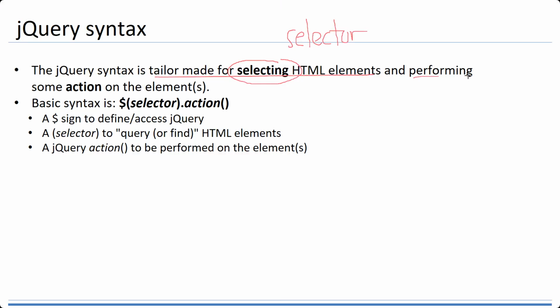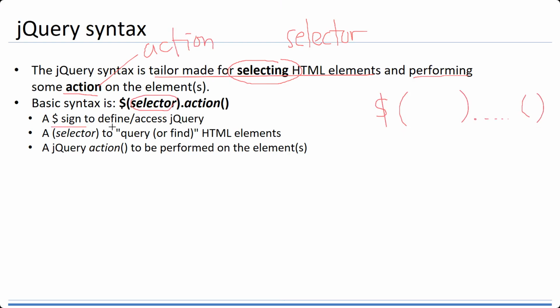And the other is performing some action. So we need to first select. The first selection means I want to use the dollar, and then I will select something. After I do the selection, then I will do the action.